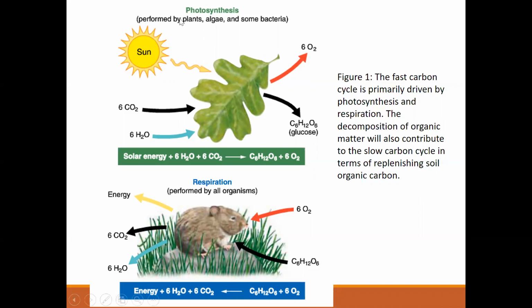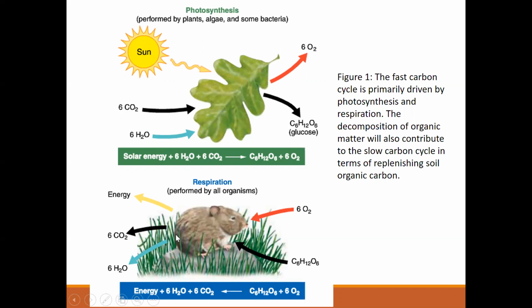This should be a reminder of things you've learned at some point, which is photosynthesis. The leaf takes in carbon dioxide and water, and it makes sugar out of that in the form of a glucose molecule, and it gives off oxygen. And then your respirating organisms, well, actually plants respirate as well, so they eat some of their own sugar, but they will have a net amount of sugar that they offer up to the rest of the food chain, and that is what we refer to as net primary production.